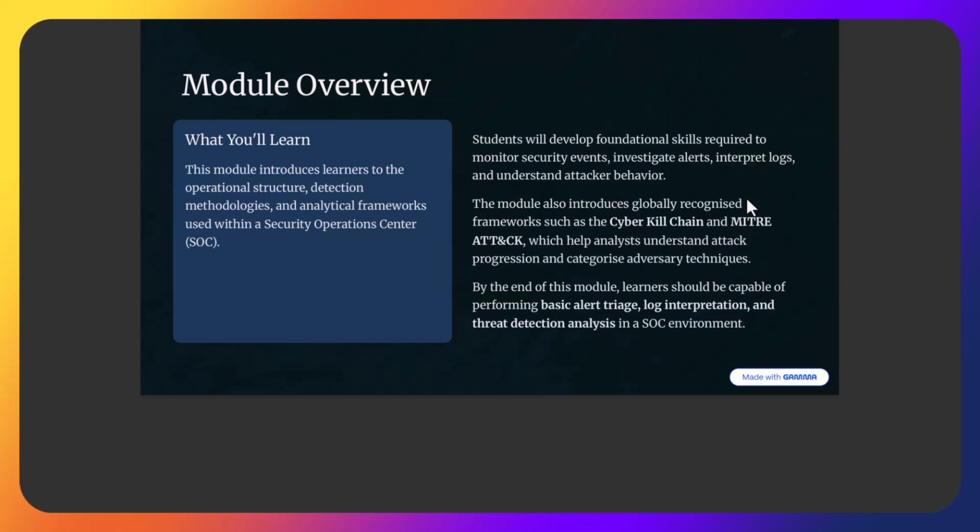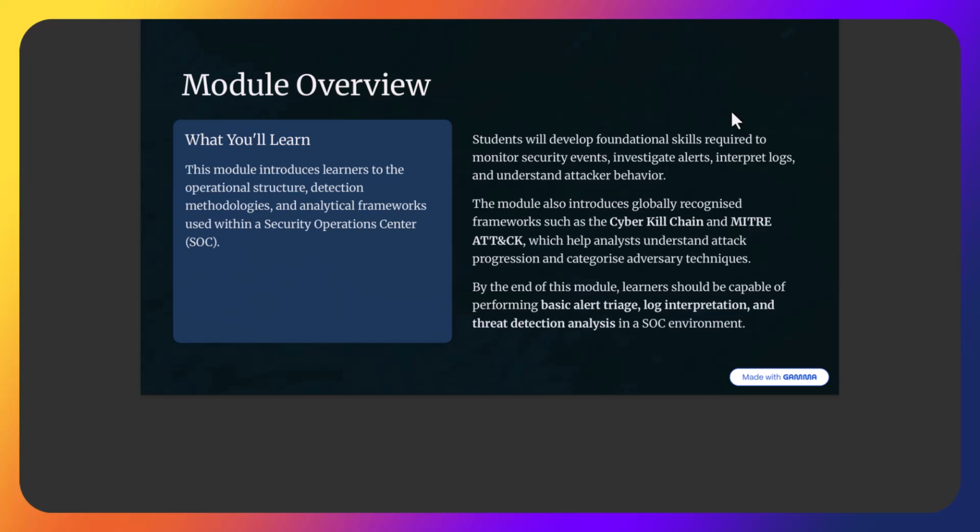Alerts are notifications generated by security tools when suspicious activity is detected. Logs are records of activities that happen in systems, applications, and networks. Attacker behavior refers to the patterns or techniques that attackers use when attempting to compromise systems.